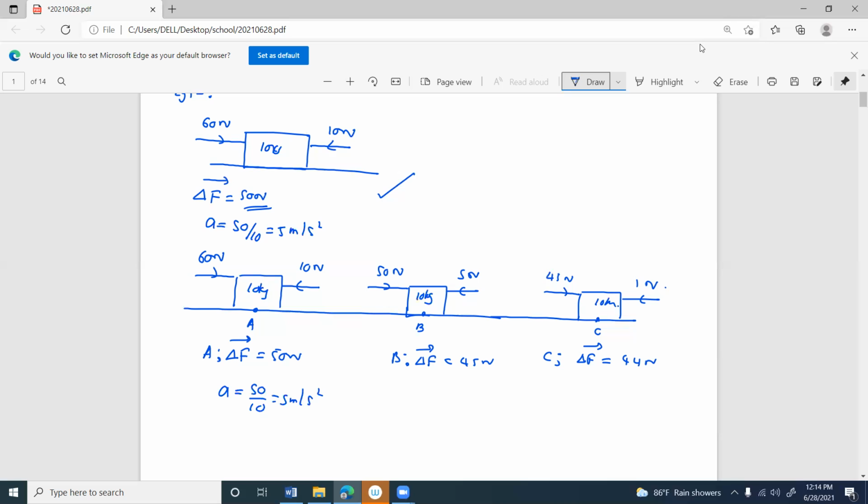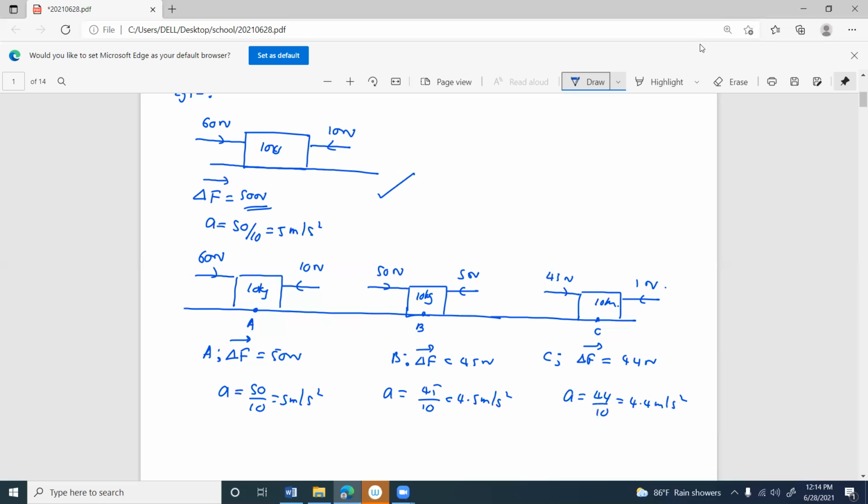At B, the acceleration is 45 divided by 10, that is 4.5 meters per square second. At C, it's 44 divided by 10, which is 4.4 meters per square second.